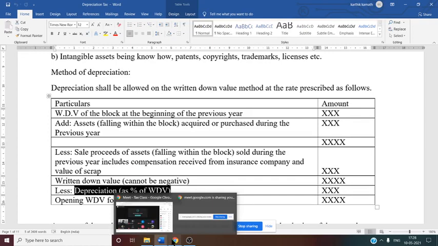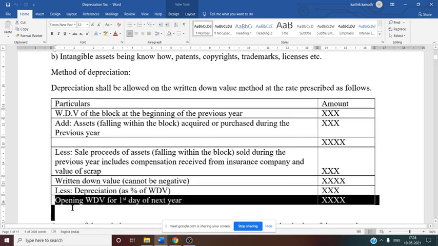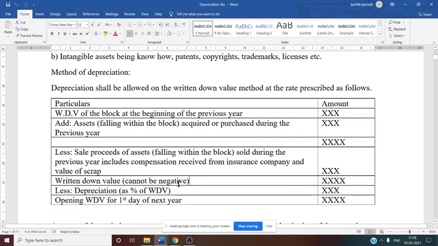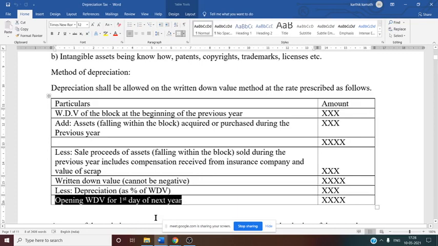As per that we have to calculate depreciation. Then finally we will get a closing written down value, or written down value after depreciation. Before depreciation we get one written down value, then after depreciation again we get one written down value, that is the written down value for the first day of next year.